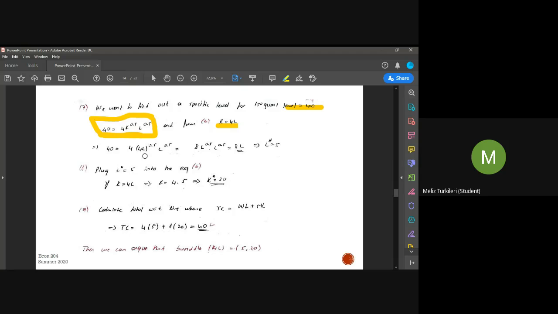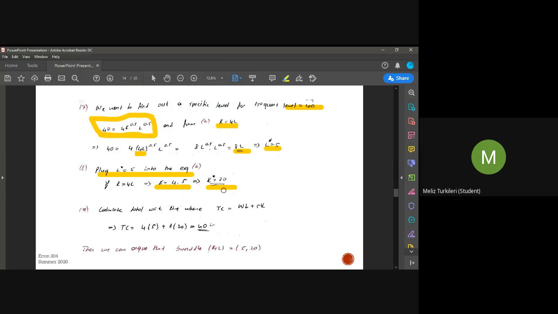If you solve this equation, you will find that A times L is equal to 40, and then L should be equal to 5. And if you plug L into equation 6, you will find that K should be 4 times 5, and therefore it should be equal to 20.